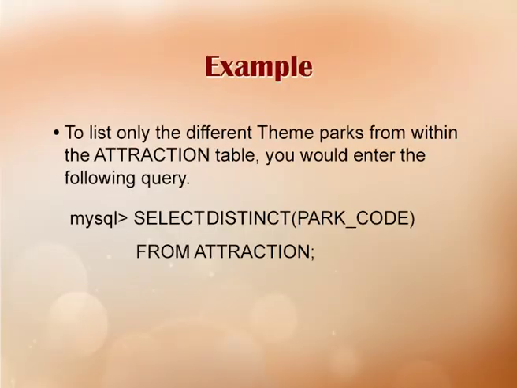So let us see one example here. To list only different theme parks from within the attraction table, you would enter the following query. Which one? Select distinct park code from attraction. It displays all the distinct values of park code from the attraction table.